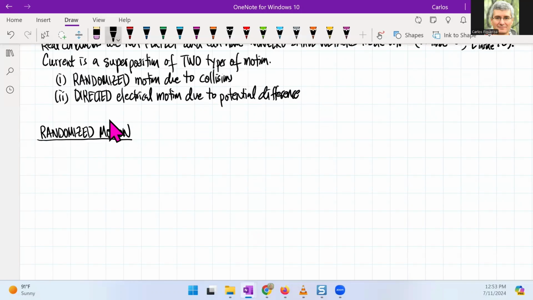What I said here is it was due to collisions. So what we do here is draw a wire, let's say a copper wire. So let's sketch a copper wire. If I sketch a copper wire, what I imagine is something like this.